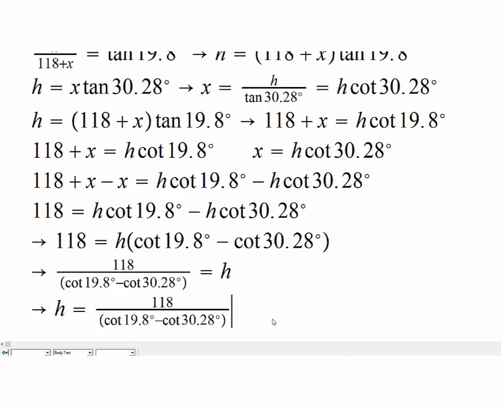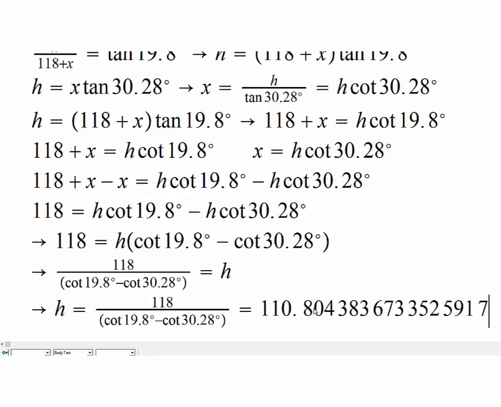All right, so let's see. It says that the height would be about 110.8 feet, but let's use our calculator because not all of you have a computational package like this.